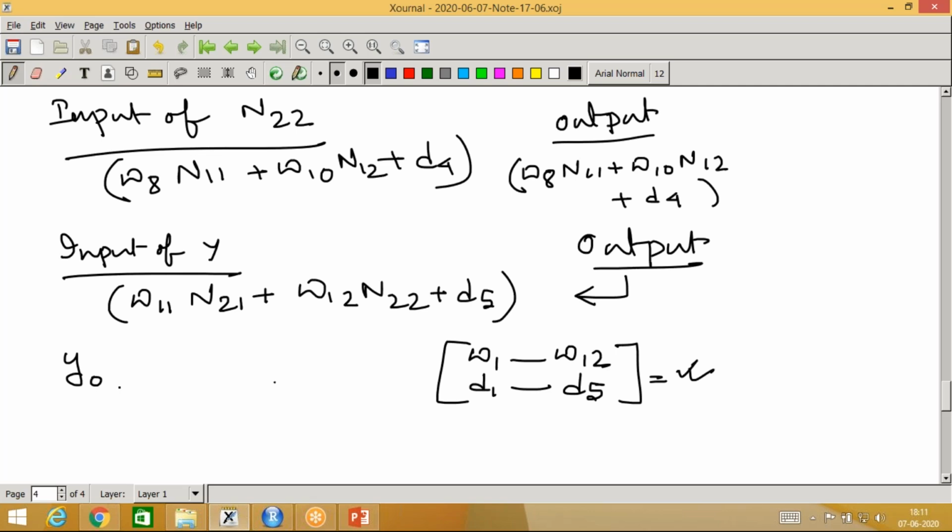The output of Y. Can I calculate that? I will be able to calculate that.